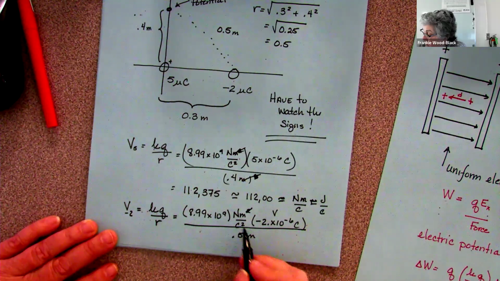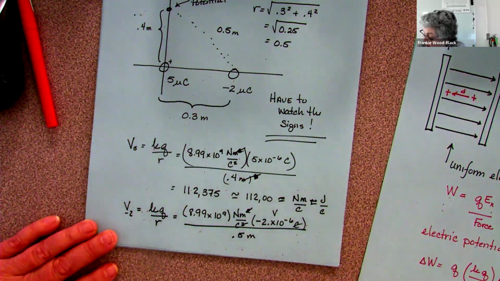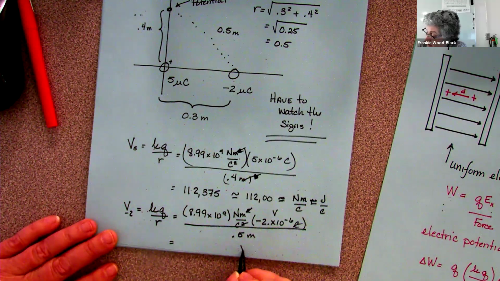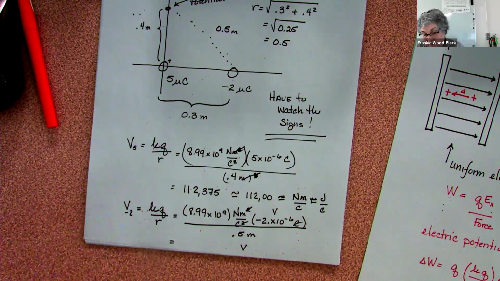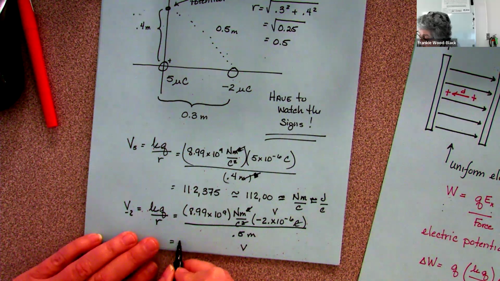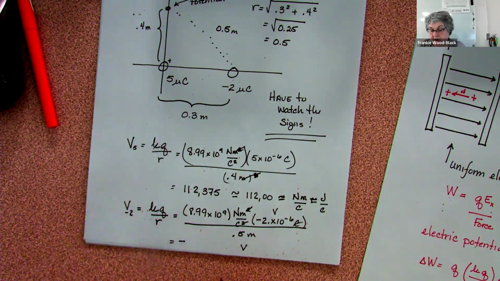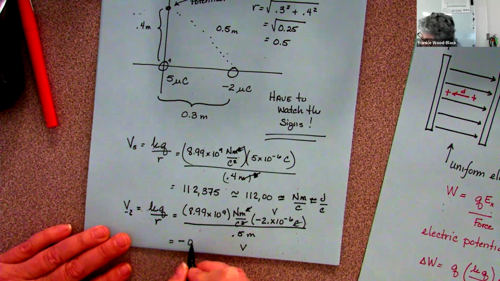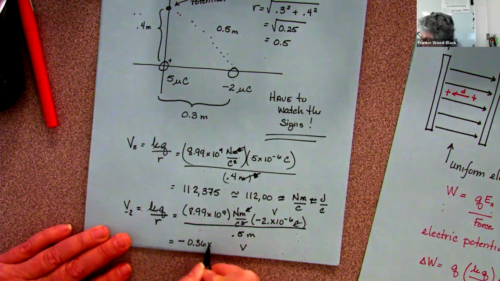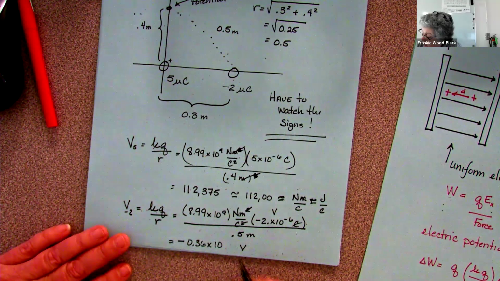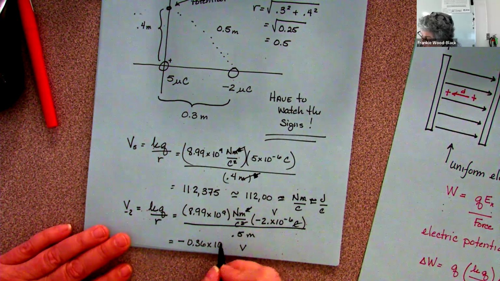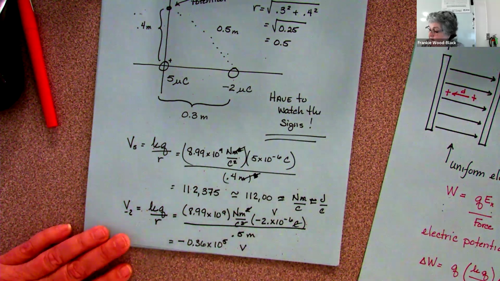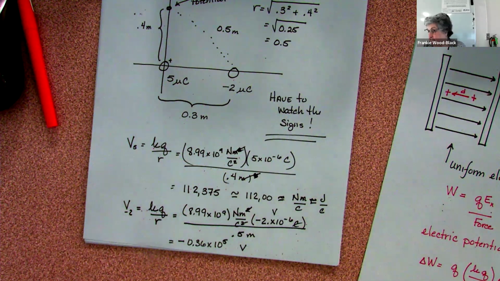So now that cancels, that goes away. I'm going to get the same units, volts. But I'm going to get a negative 0.36 times 10 to the 5th. Double check my arithmetic here.